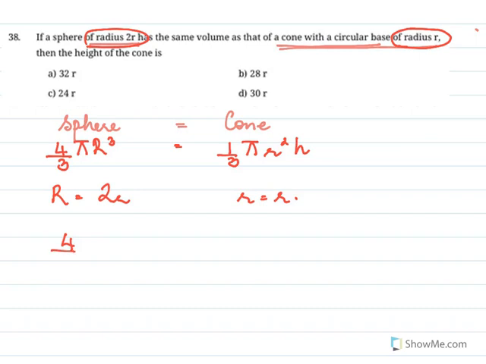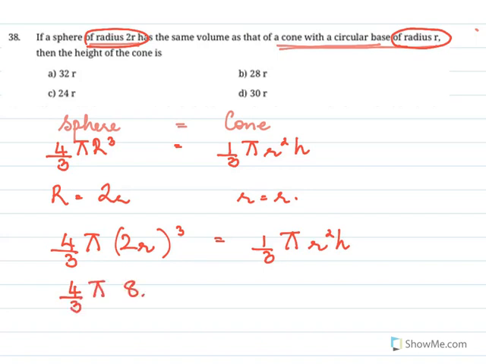So let's substitute that, 4 by 3 pi. Now the r is 2r here, cube, equal to 1 by 3 pi r square h. So 4 by 3 pi, and this is 8 r cube, 1 by 3 pi r square h.